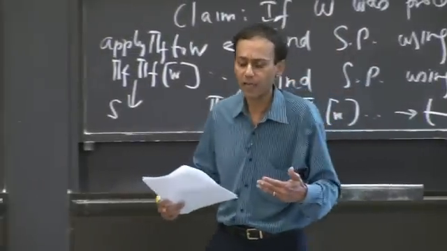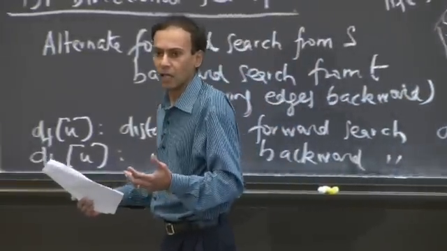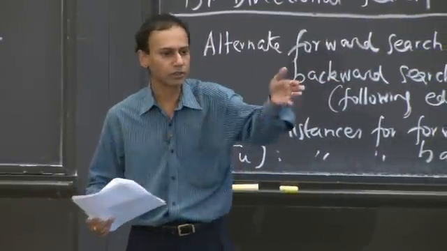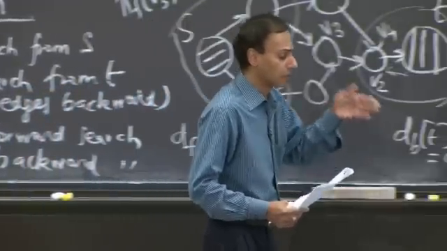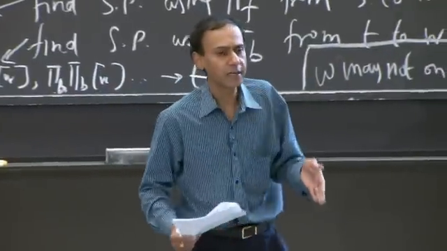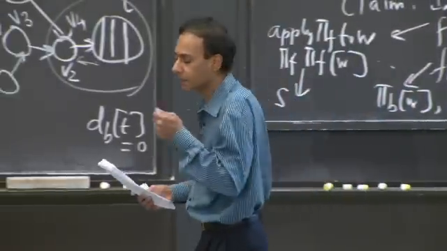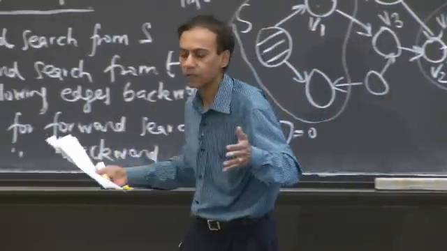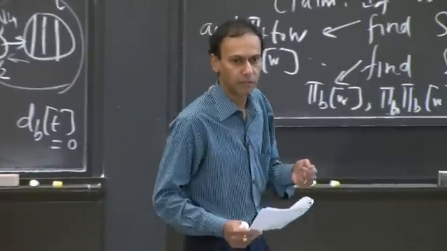So I will tell you right away that the termination condition is correct, okay? And so the guy who got the cushion deserved the cushion, okay? So the termination condition is correct. You are going to run Dijkstra, alternate forward search and backward search, and you're going to terminate when a particular vertex, call it W, is going to get pulled out from both QF and QB, all right?